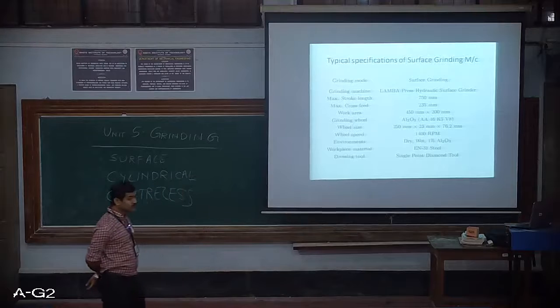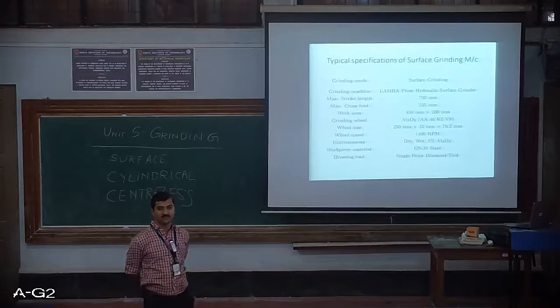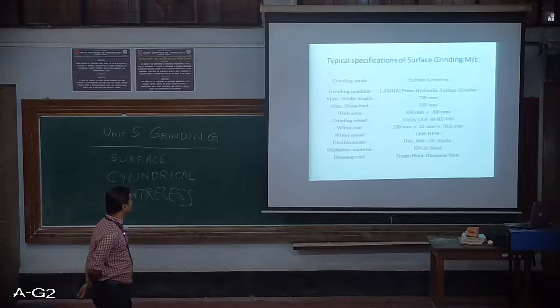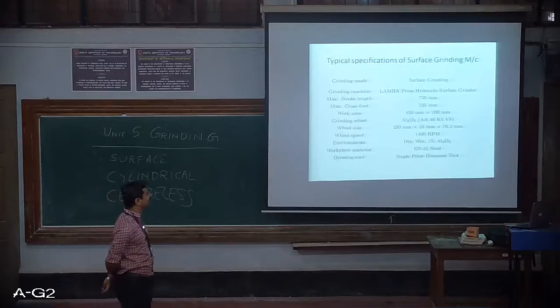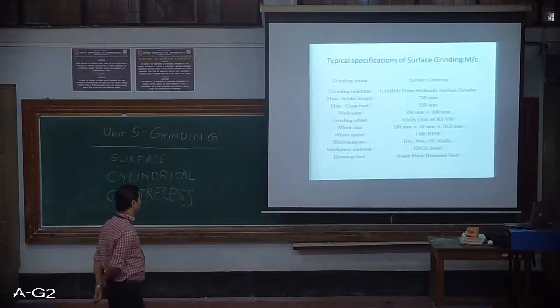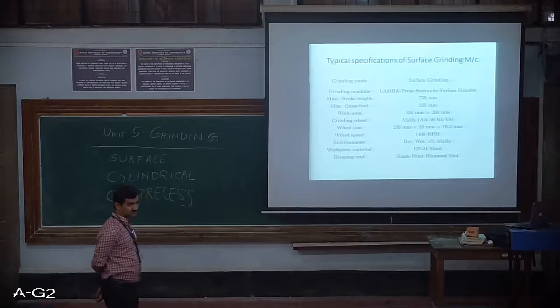So the grinding mode, this specification is typically for a particular surface grinding operation. Then you have the name of the machine as Lamba press hydraulic surface grinder. It is just a name of the machine, or you can say model. Then maximum stroke length. What is that stroke length?